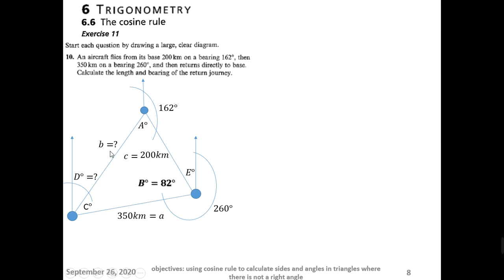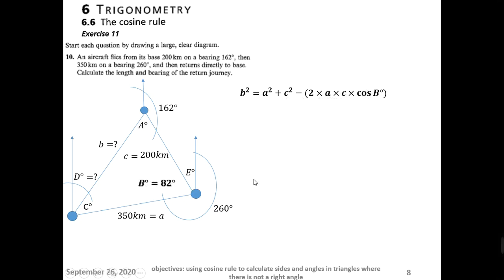So the unknown side b, we're going to start with b squared is equal to, what are the other two sides? a and c. a squared plus c squared minus, in brackets, 2 times side a times side c times cosine the angle between side a and c, which is angle B.